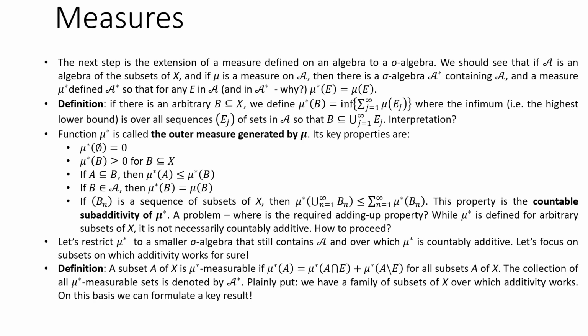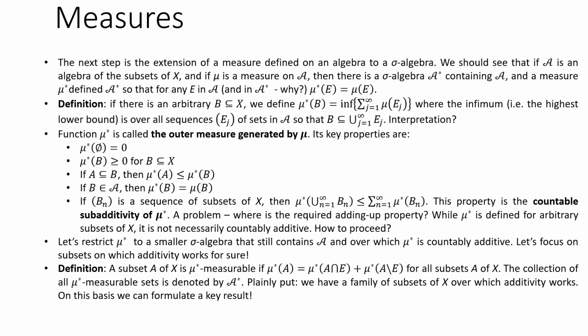This outer measure is our candidate measure for the sigma algebra. It has some key characteristics, of which the last one is the most important, because the first four are very common.